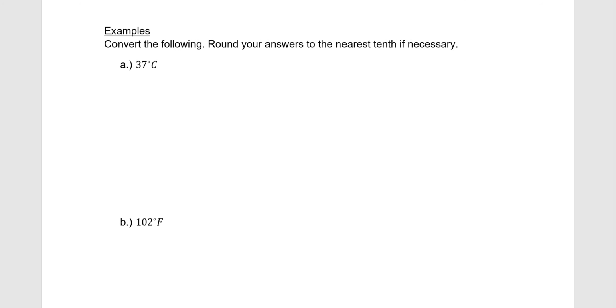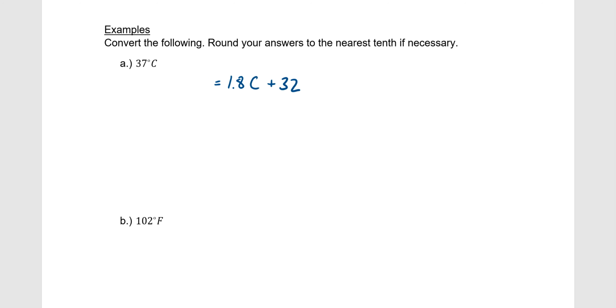So let's do an example here. Let's convert the following, and let's round to the nearest tenth if necessary. If we have 37 degrees Celsius, we want to convert that to Fahrenheit. What we're going to do is use the formula F equals 1.8 times Celsius plus 32.